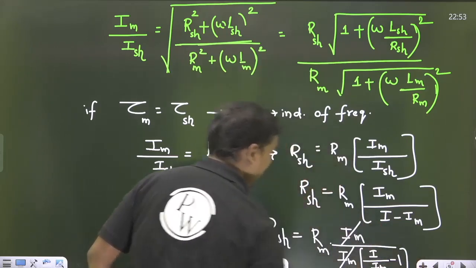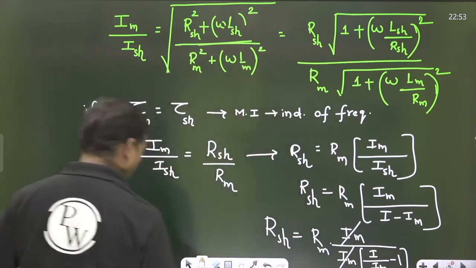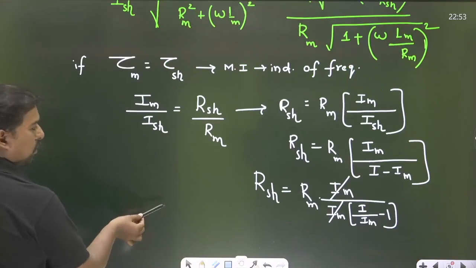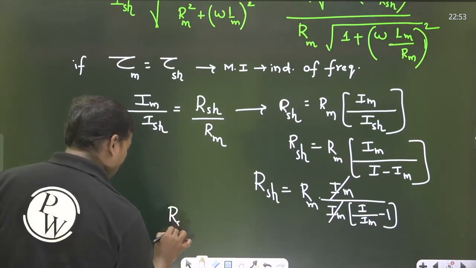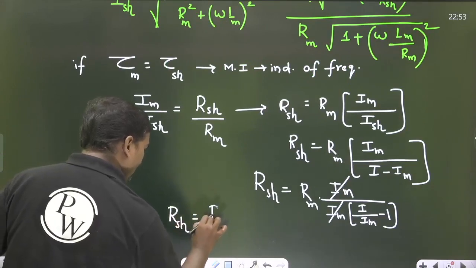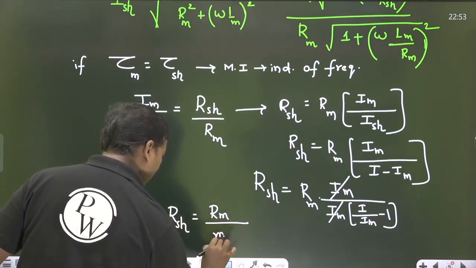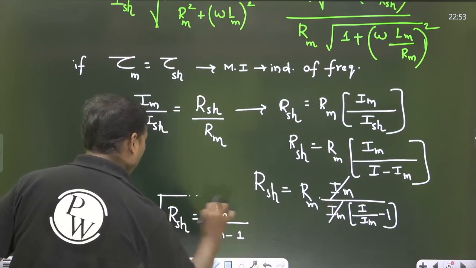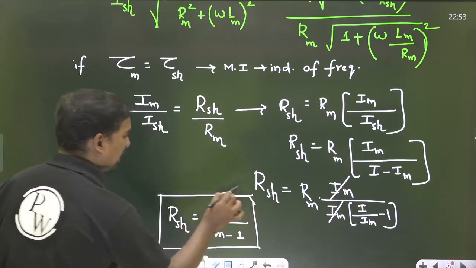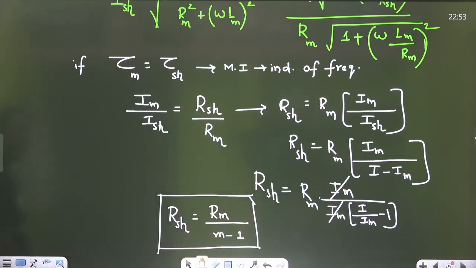This is the shunt resistance. You understand?